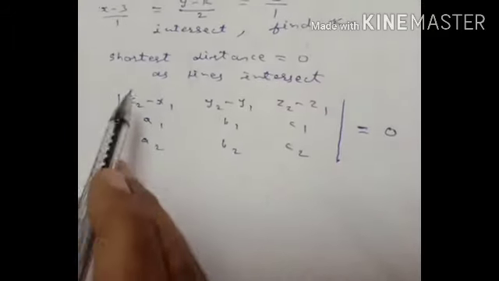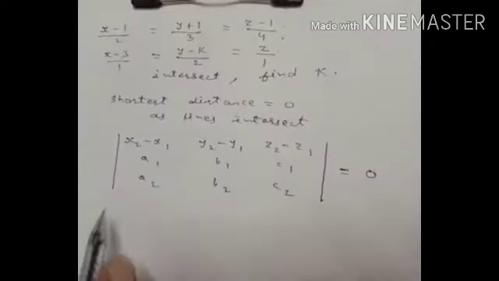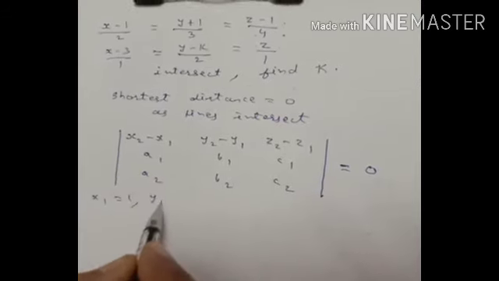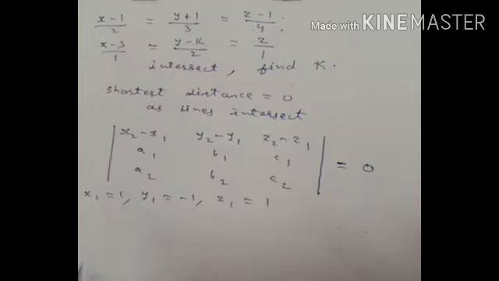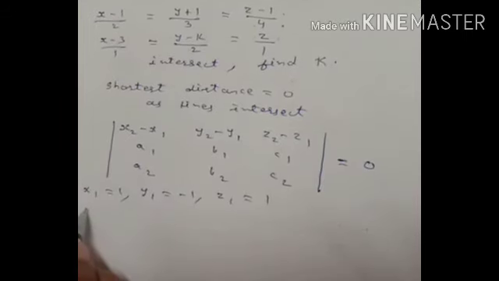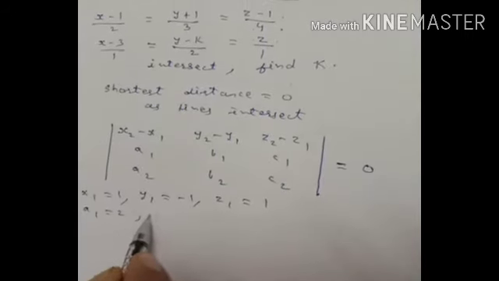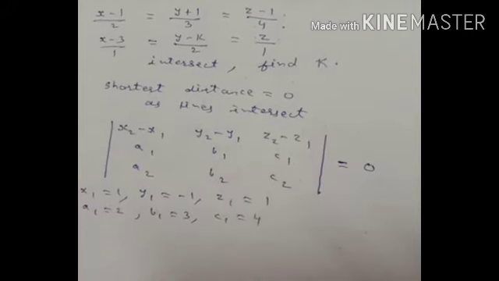Now x1, y1, z1 are the coordinates of a point on the first line. So we get x1 = 1, y1 = -1, z1 = 1. Direction ratios are the numbers in the denominator: a1 = 2, b1 = 3, c1 = 4.